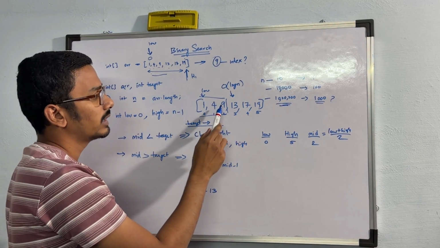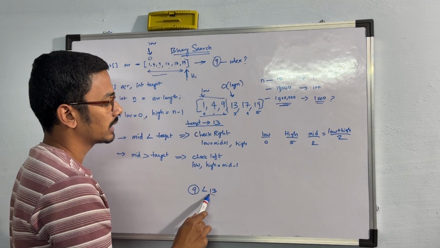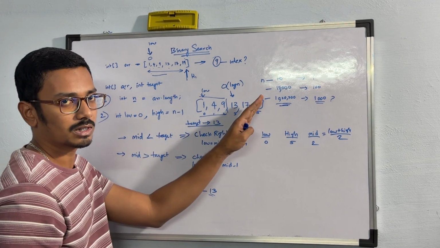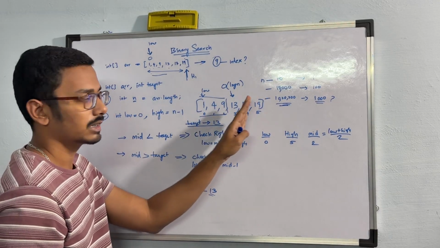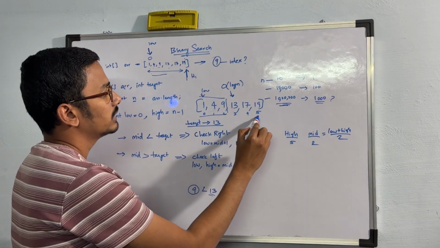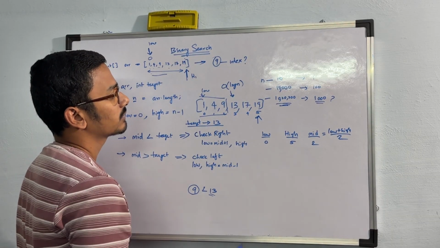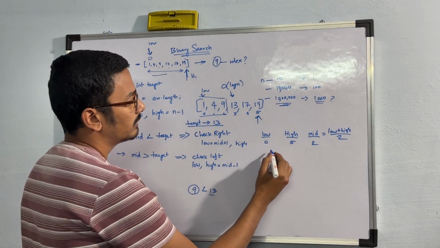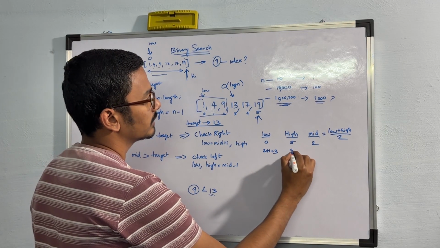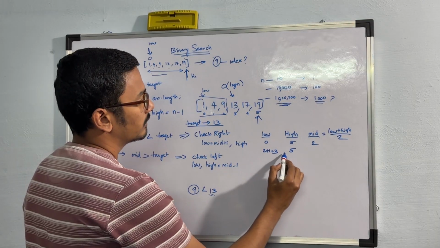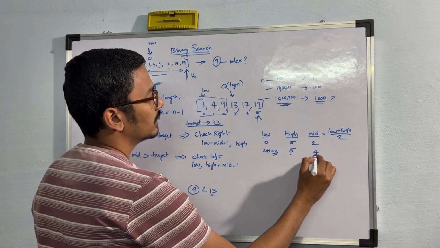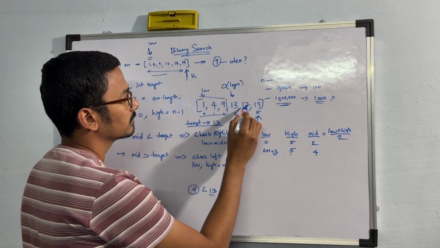So whenever we find that the mid number is less than the target we need, obviously the target is on the right, so we just have to go to the right and search in those boundaries. That's why high stays as it is at index 5, but low will be mid plus 1, which is 2 plus 1 equal to 3, and high remains stable. So for 3 and 5, the average will be 4. So the new mid is 4 here.